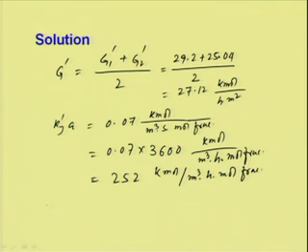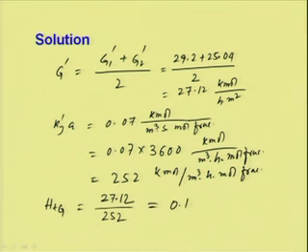So, now HTG we can obtain as G dash, 27.12, divided by Ky dash A, which is 252, is equal to 0.108 meter. This is HTG.